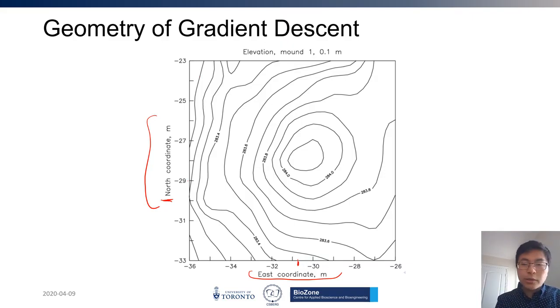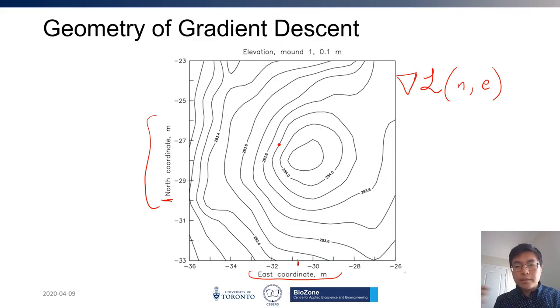So what gradient descent does is, suppose you start off at any point. Let's start off here, for example. We're already pretty close to the local maximum. If you take the gradient of this loss function, let's call the function L, dependent on the north coordinate and the east coordinate, then you take the gradient of that function.